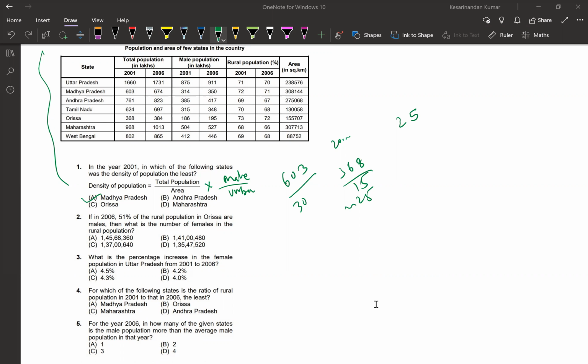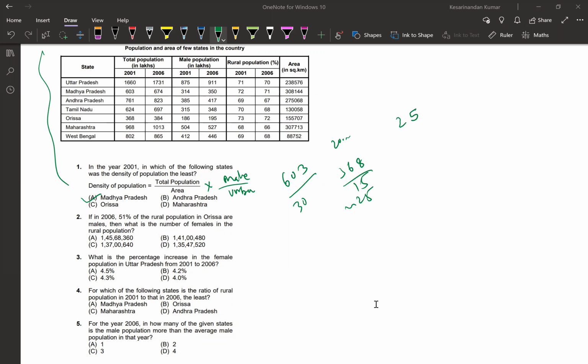I know solving without calculators can be a bit of a daunting task. Let's see in case of question 4, how we do this one.